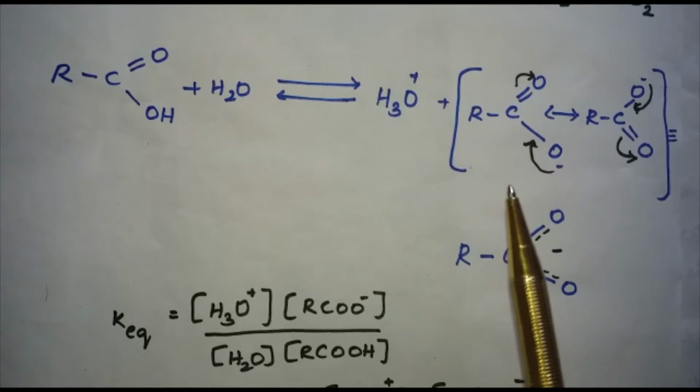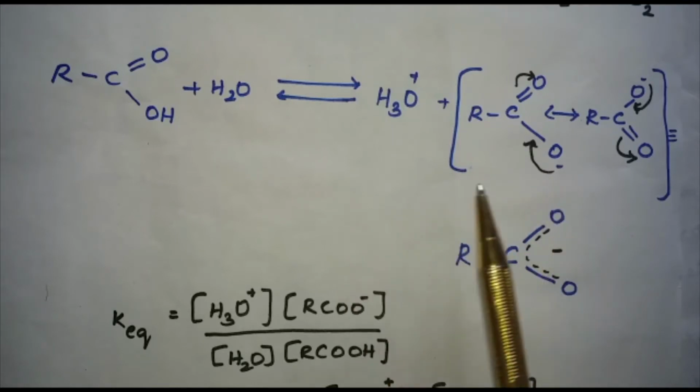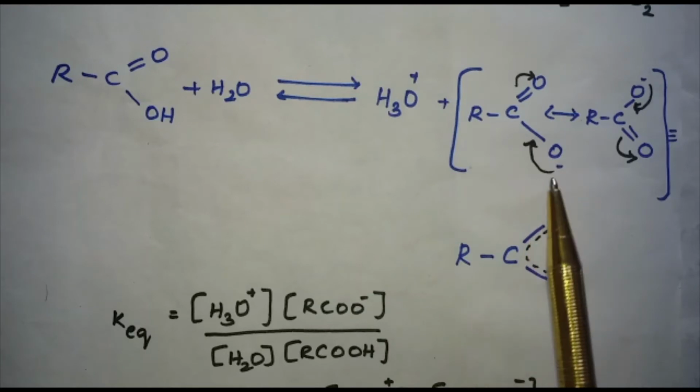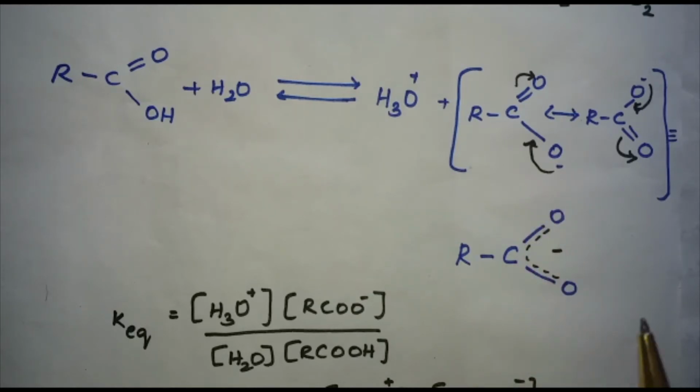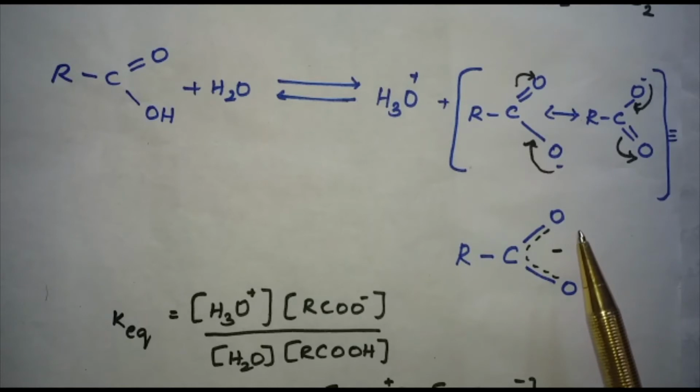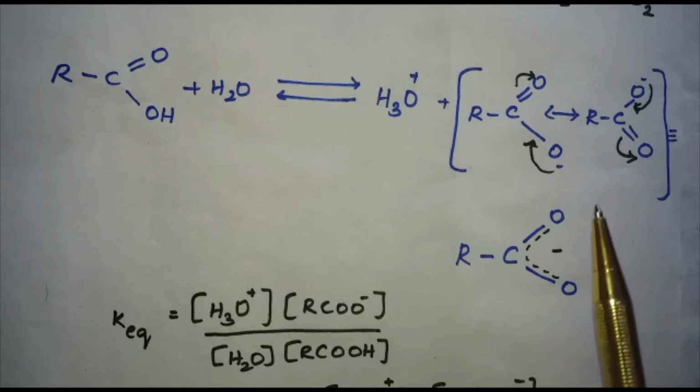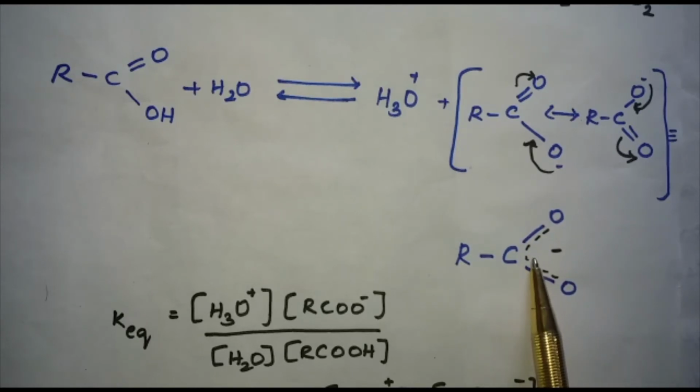Resonance in the phenoxide ion is not as important as it is in the carboxylate ion. The negative charge is delocalized over two electronegative oxygen atoms in the carboxylate ion, whereas it is less effectively delocalized over one oxygen atom and a less electronegative carbon atom in the phenoxide ion. Therefore, the carboxylate ion is more stabilized than the phenoxide ion.